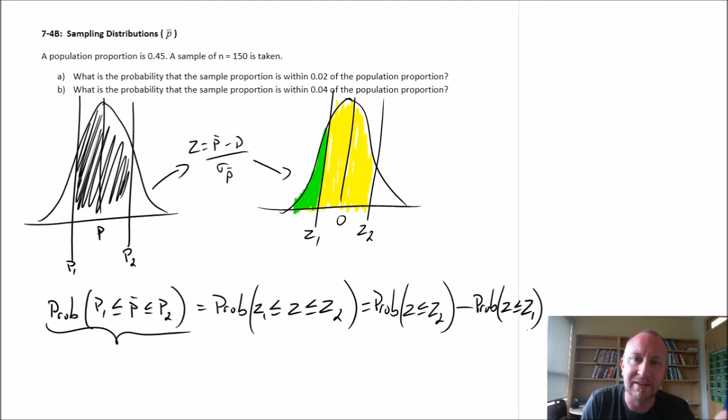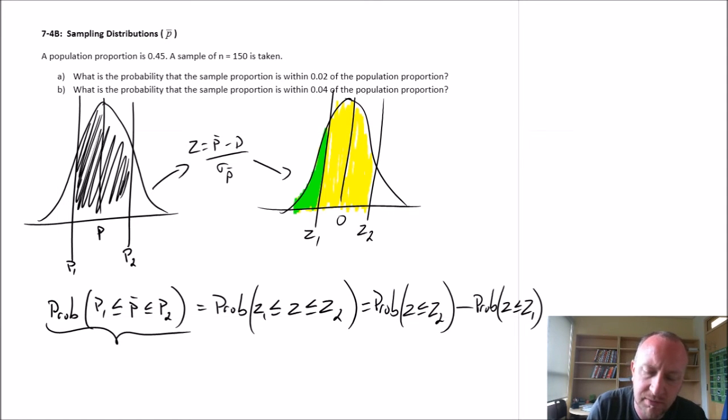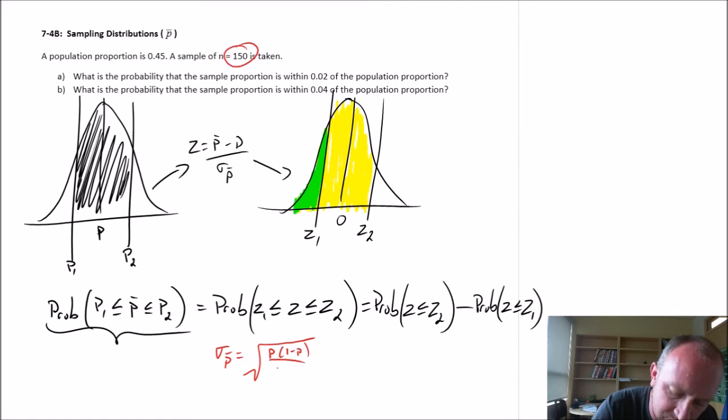Okay, so let's get to it. We need to figure out what z1 and z2 are, and we need to figure out our standard error. So let's get the standard error first. Let's squeeze that in down here. So our standard error is equal to the square root of p times 1 minus p over our sample size, which we're working with a sample of 150.